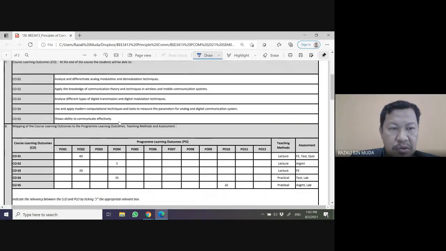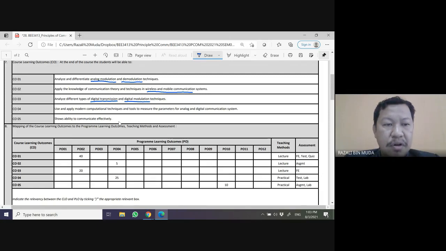And these are the 5 course outcomes of this course. Course outcome number 1, to analyze and differentiate analog modulation and demodulation techniques. Outcome number 2, to apply the knowledge of the communication theory and techniques in wireless and mobile communication systems. Outcome number 3, to analyze different types of digital transmissions and digital modulation techniques.